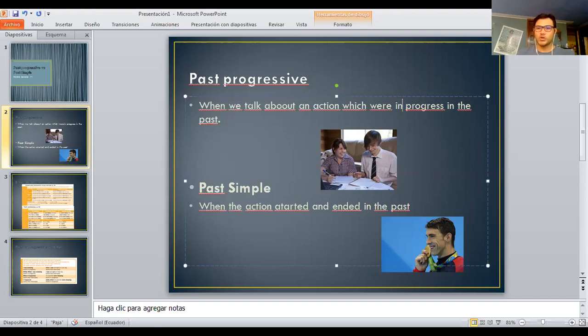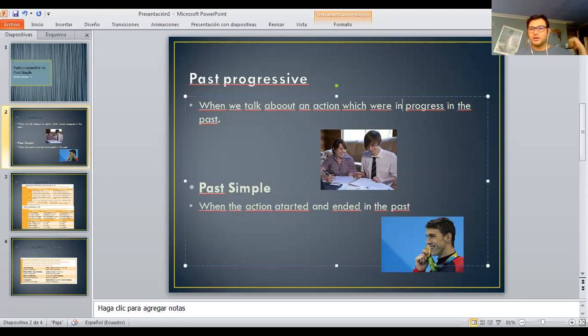If I say I was cooking pizza, maybe it took 2 or 3 hours, because when you cook pizza, the process is long. So when we talk about past progressive, we talk about actions that took a period of time in the past.